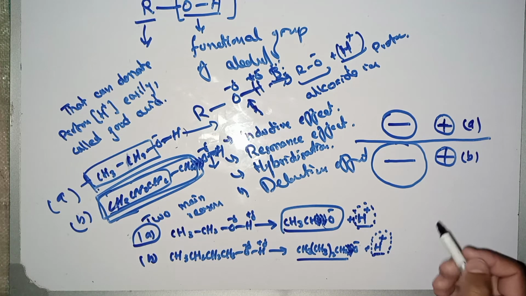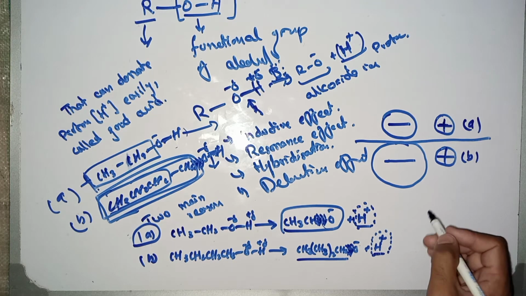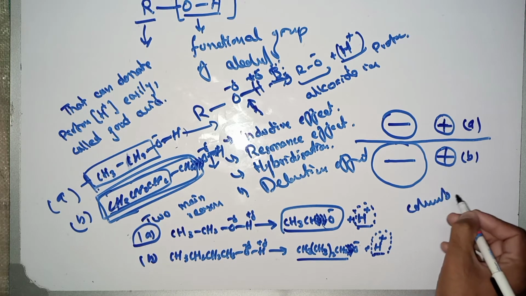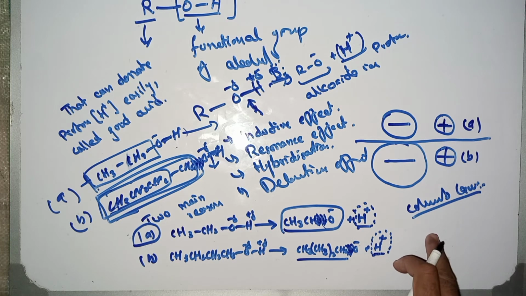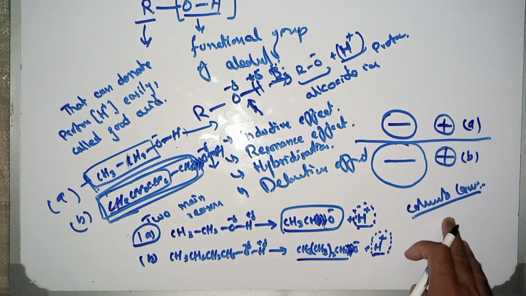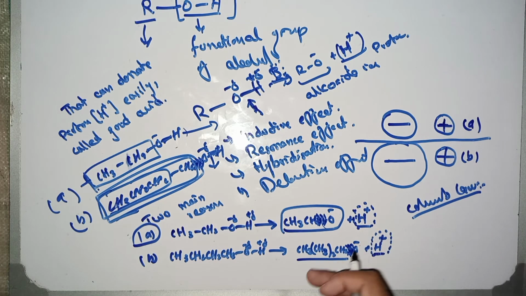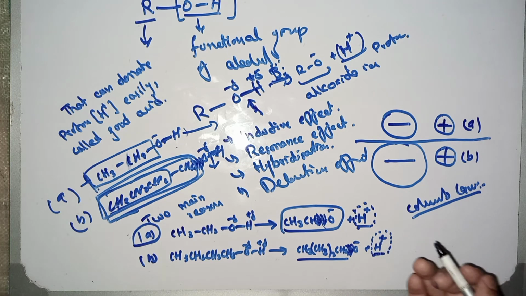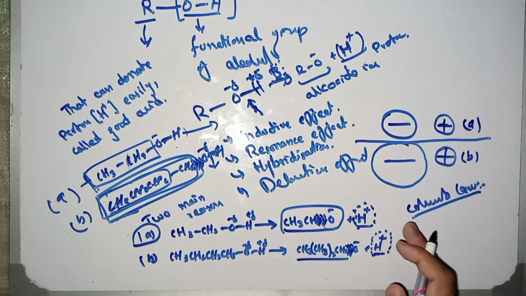So I will show you, according to Coulomb's law. What does Coulomb's law say? Coulomb's law says that the attraction or repulsion between two charges depends directly upon the size of the charges. The greater the charges, the greater the interaction. Also, for opposite charges attraction will be present, for same charges repulsion will be present.